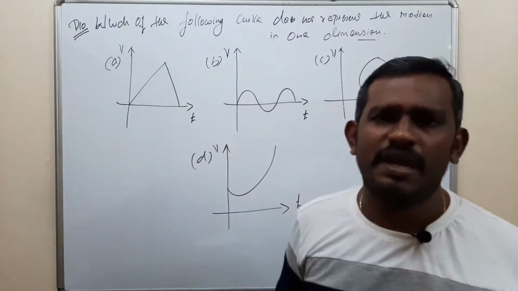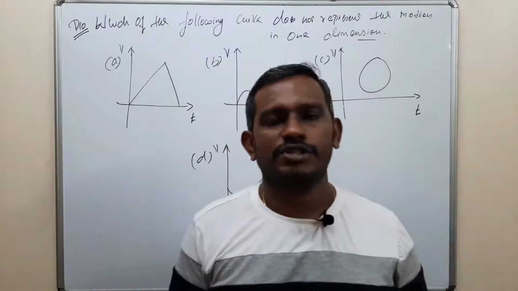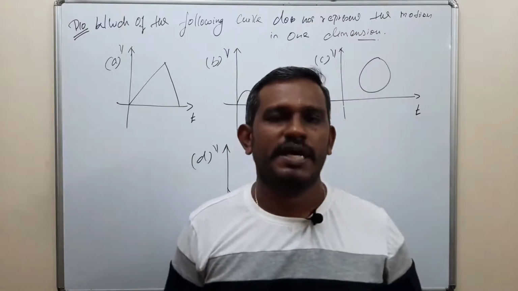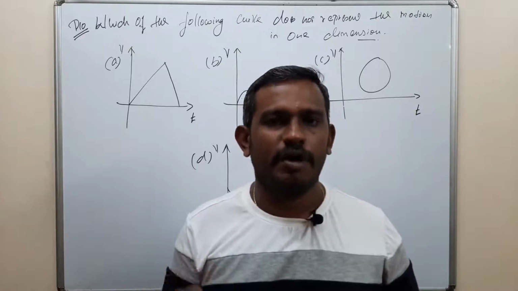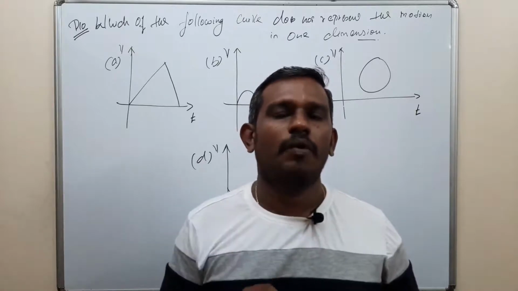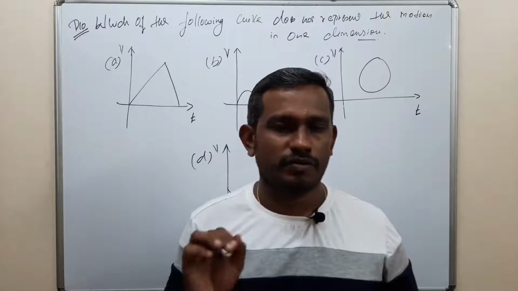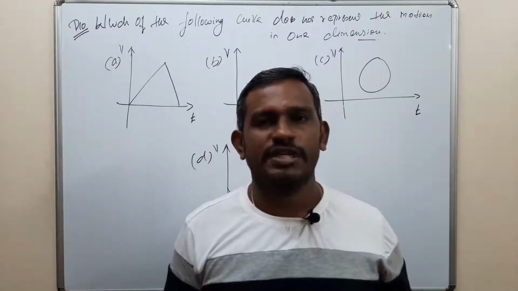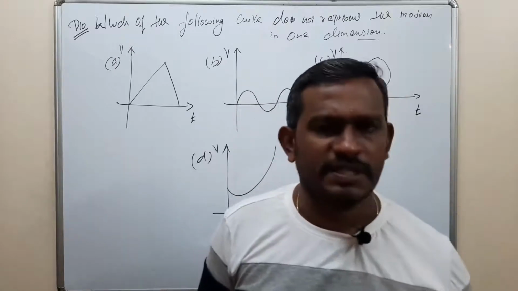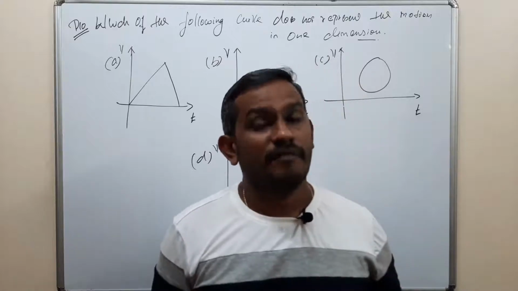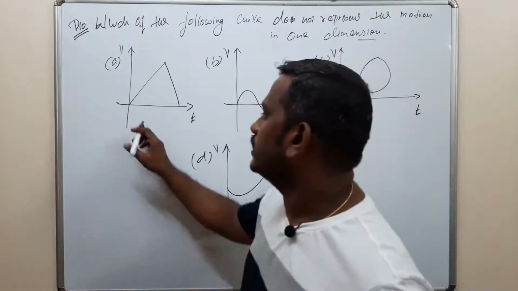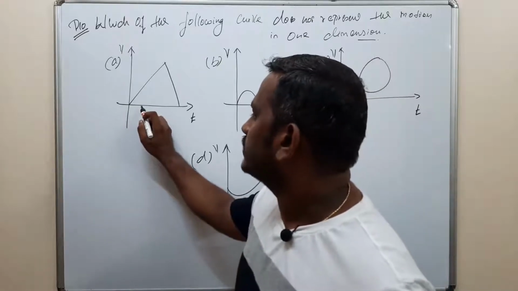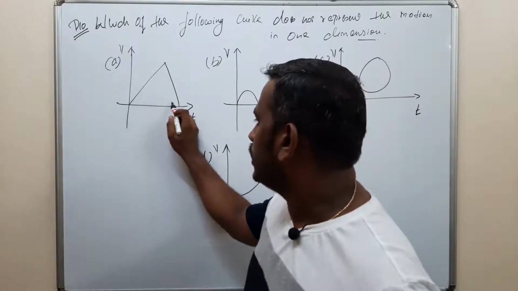So in this chapter we are only concentrating on motion in one dimension. One dimension means that at a particular instant of time the body has only one velocity. In projectile motion the body undergoes two types of velocity, horizontal velocity and vertical velocity. So in this curve, at each and every instant of time, the body has only one velocity.